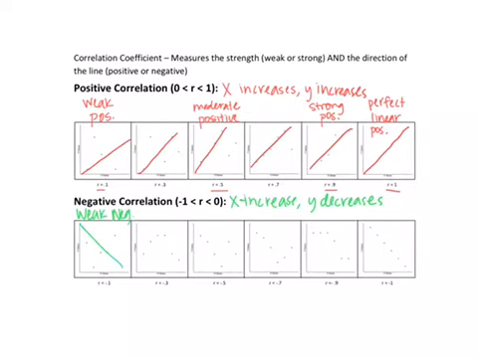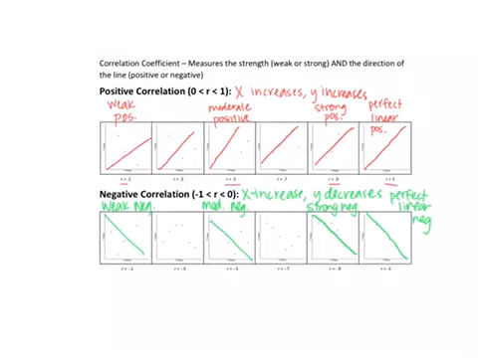Meaning I draw a line and I can hit 2 dots. A moderate negative. So these, if you've noticed, are the same words, but negative. A strong negative. And then a perfect linear negative when they line up in a perfect straight line.